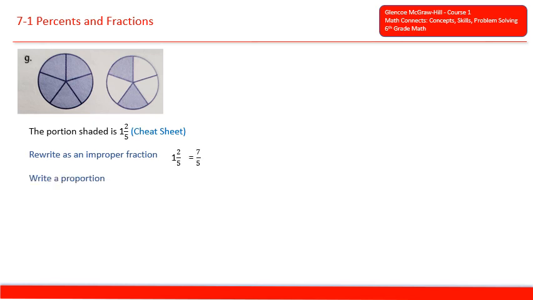Then we'll write a proportion to solve for n. So we get 7/5 equals n over 100. To solve it, we need to determine how many times 5 will go into 100, which is 20. So we multiply 7 by 20, and we get 140. So 140 over 100, or 140% of the model is shaded.